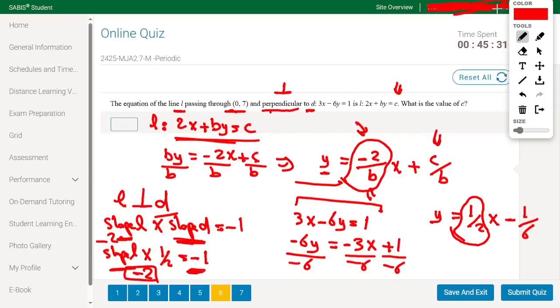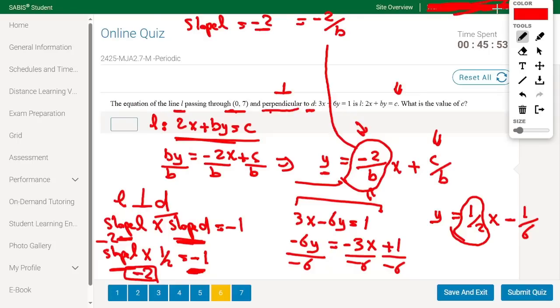So now I have the slope of L equal to minus 2. And in the equation here, the slope of L also equals minus 2 over b, right? So we have minus 2 equal to minus 2 over b.